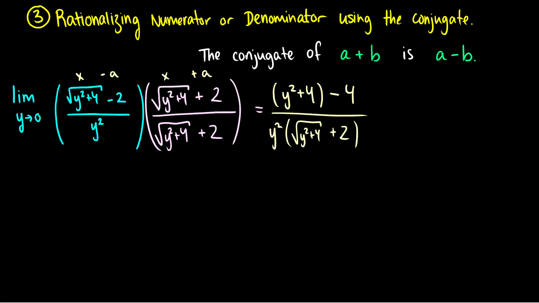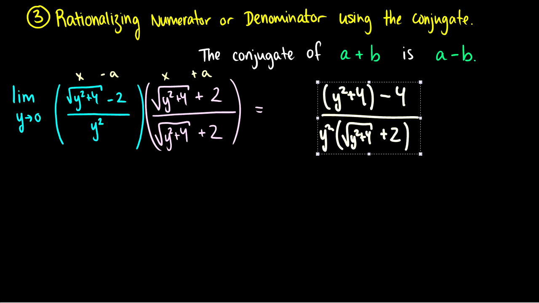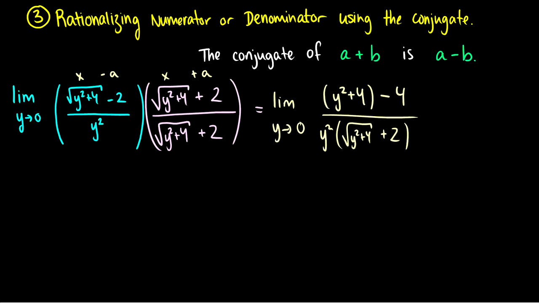And of course, I really should be consistent and say that this is, in fact, the limit as y goes to 0 of y squared plus 4 minus 4 over y squared times the square root of y squared plus 4 plus 2. So we can simplify a little bit. On the top, the plus 4 and minus 4 will cancel out, and we'll just be left with y squared.